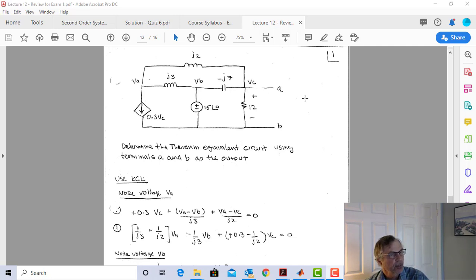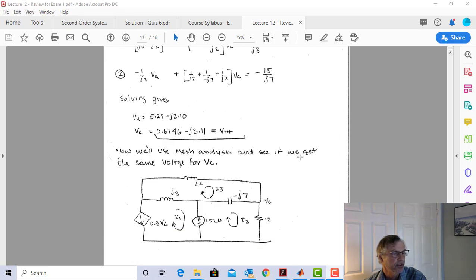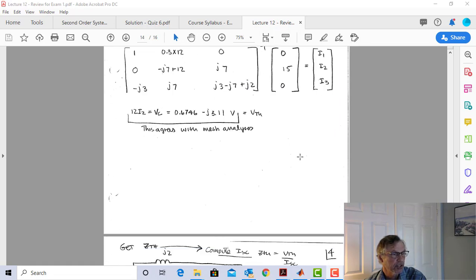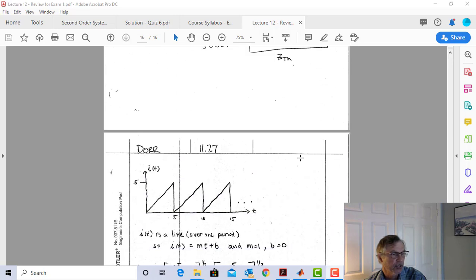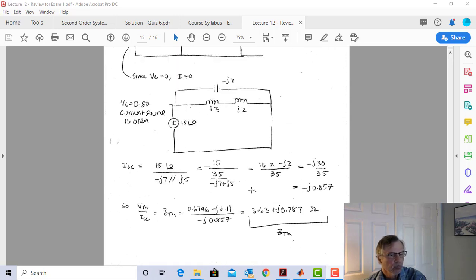If I short that Thevenin source out, then the short circuit current is going to be the Thevenin voltage divided by the Thevenin impedance. And so what we've done here is we've just found that short circuit current. So we're going to take V Thevenin that we calculated before, divide it by that short circuit current, and that's going to give us Z Thevenin.